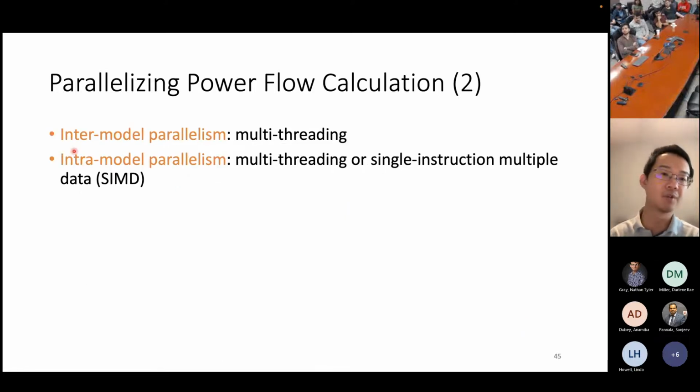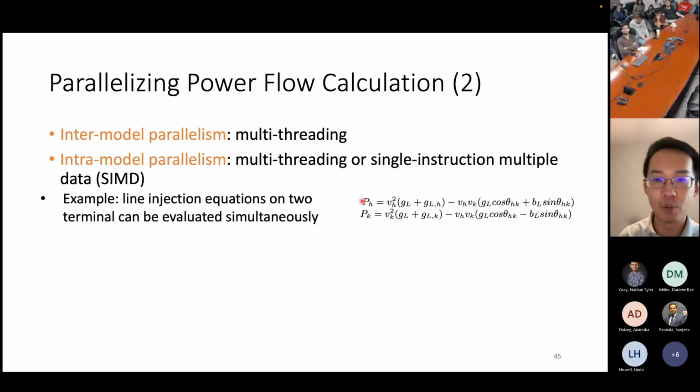So the implementation for inter-model parallelism is based on multi-threading because we can use one CPU thread to run the calculation for one model. Intra-model parallelism can be done by multi-threading again, because we can use one thread to calculate one equation in each model, or we can use single instruction multiple data to parallelize the individual calculations within a model.